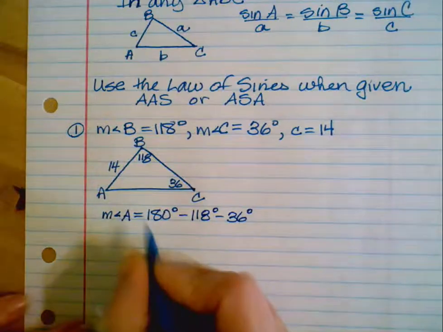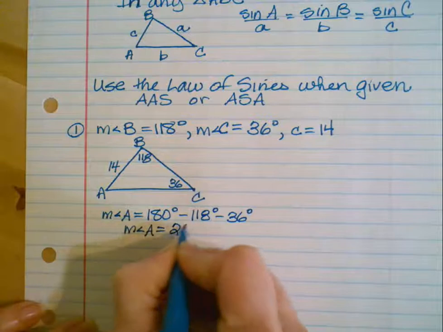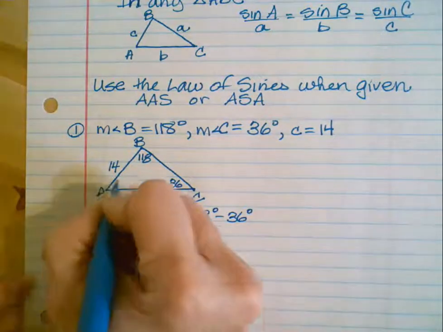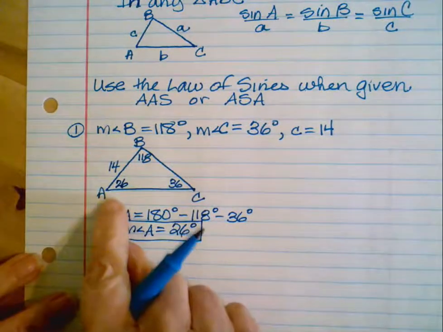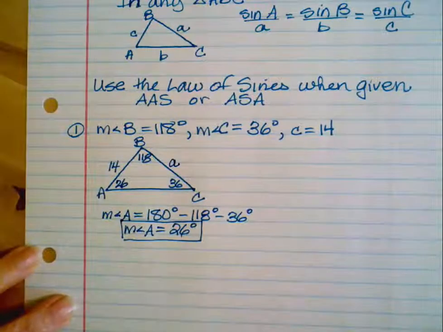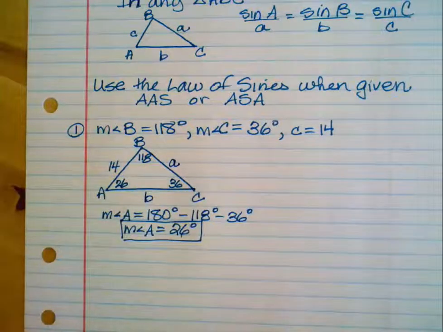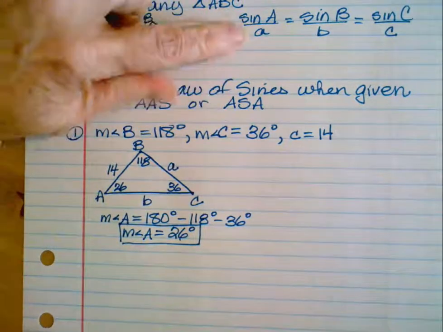And from that, we find the measure of angle A is 26 degrees. And that's the first of our three unknown pieces of information. Now, the other two things that we're missing are the side opposite angle A, which we refer to as a lowercase a, and the side opposite angle B, which we refer to as a lowercase b. And that's where your law of sines is going to come into play, which is what we see here.